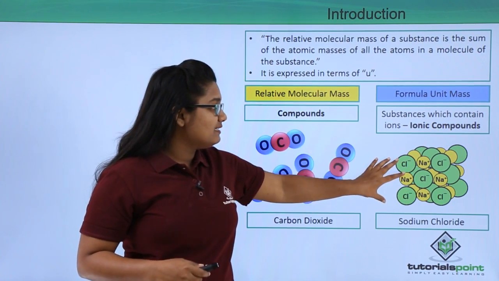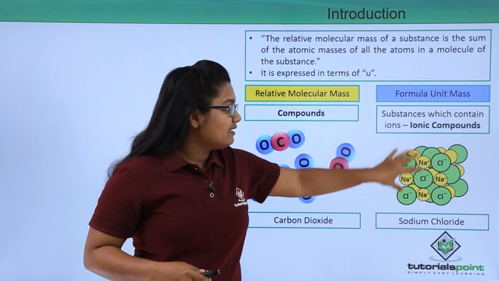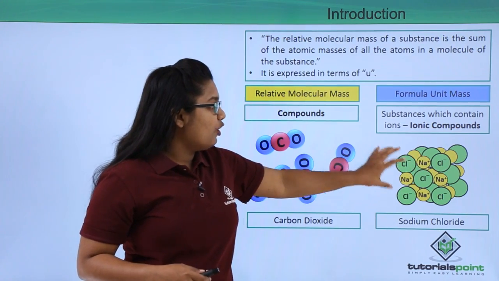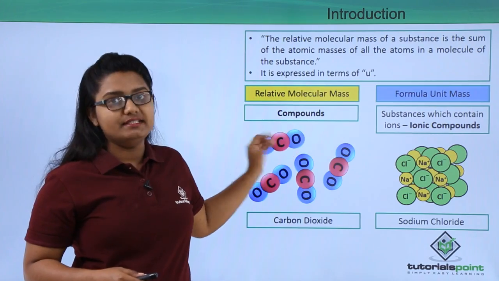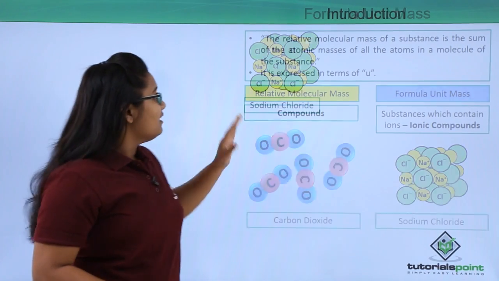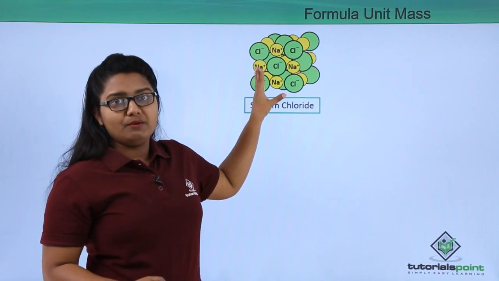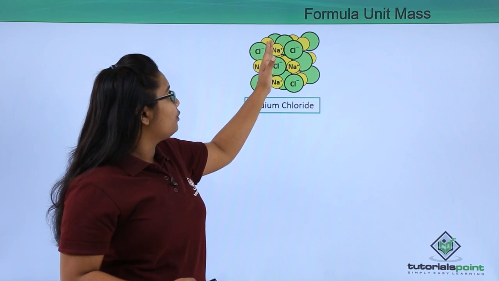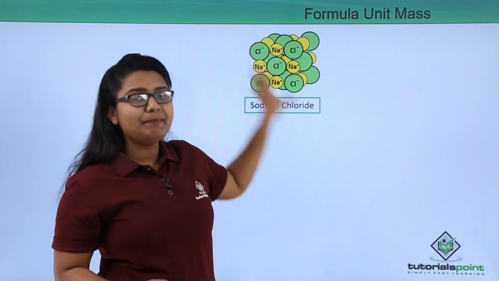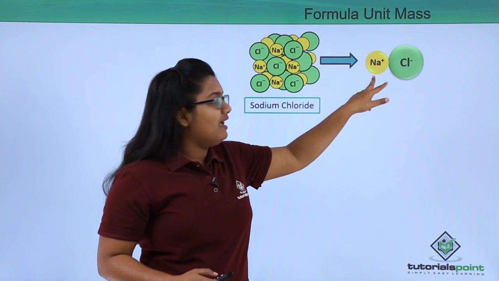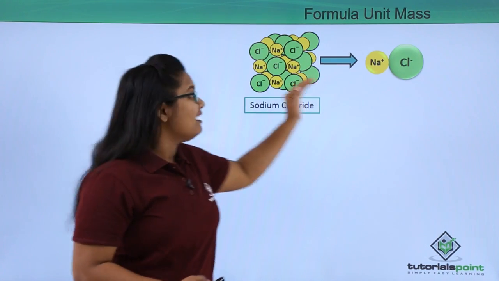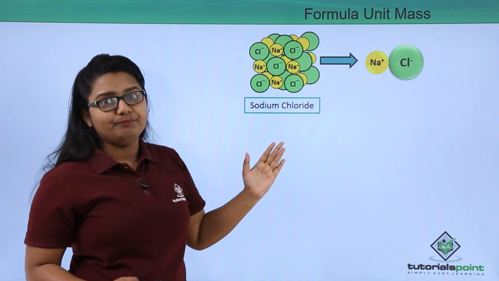And here we can clearly see that these ions are not independently existing as these carbon dioxide molecules did. So as I said, this sodium chloride compound has sodium and chloride ions, and it has a repeated pattern wherein this set of two ions, that is sodium and chloride ions, is repeated throughout the volume.